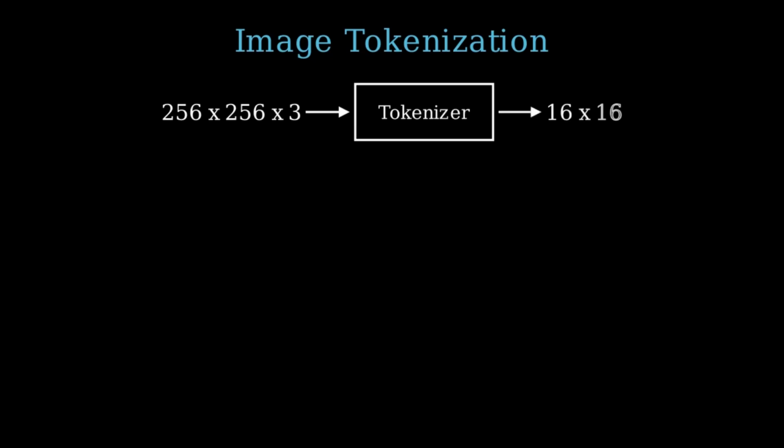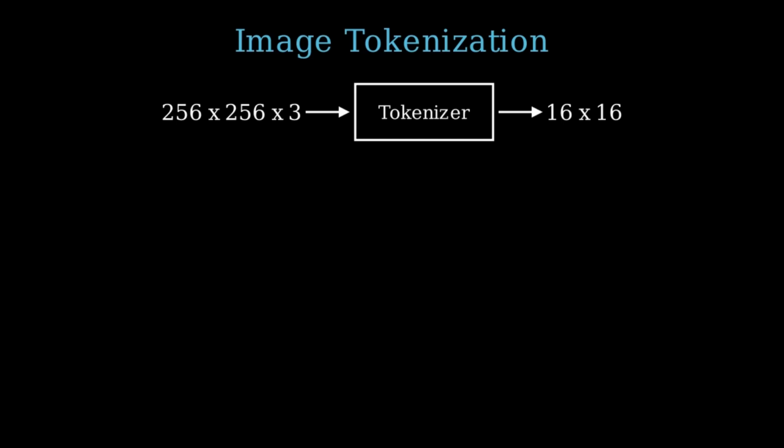Before we dive into generating images, we first need to understand how transformer models process them. This is achieved through a crucial step called image tokenization. Instead of feeding millions of raw pixels directly into a model, the original continuous image is passed through a sophisticated tokenizer.